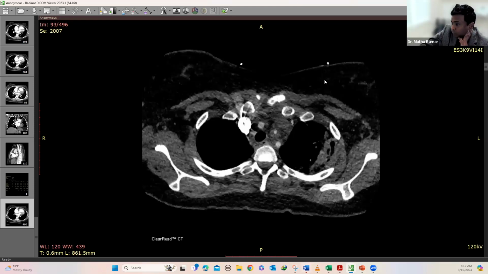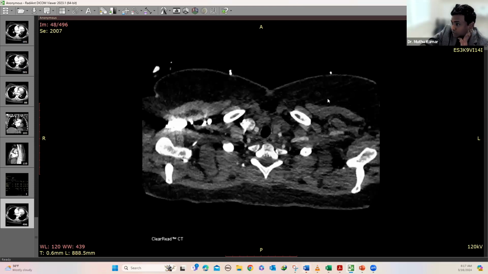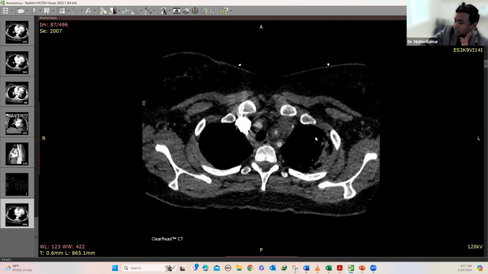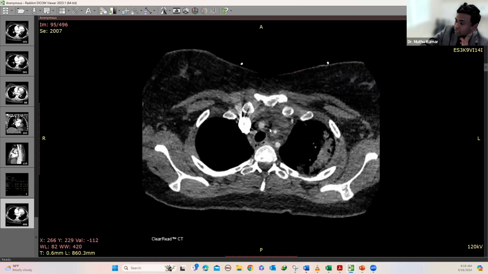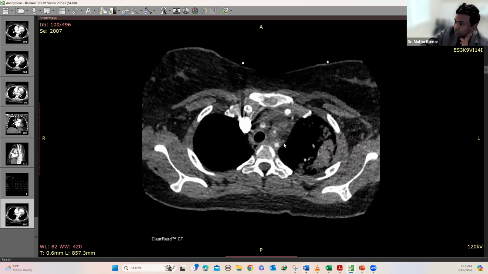So as we go down further, the first thing which jumps at you, at the level of the aortic arch branches, is distinct vessel wall enhancement centered along the branches of the aortic arch.